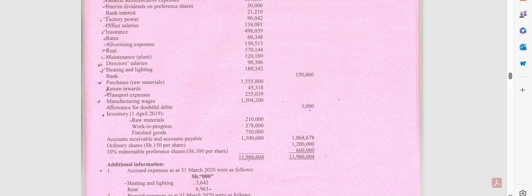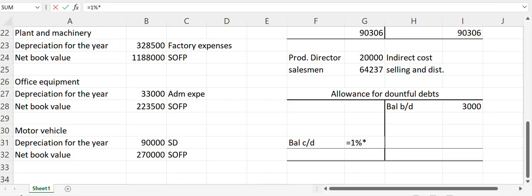Where am I not tracing the receivable? Here it is. Account receivables and account payables. The one on the debit side is receivables, the one on the credit side is payable. So 1.5 M. So the one that you maintain for purposes of doubtful debt is 1% of that amount. So 1% of 1.5 M, we have 15,000. So we balance this account.